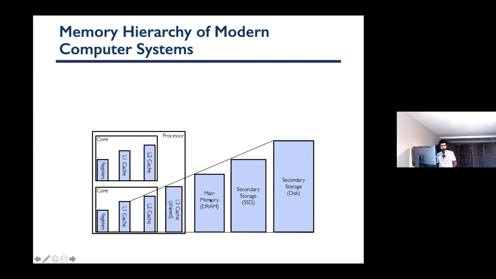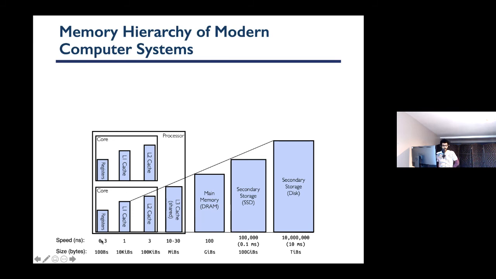And then after that, you have your main memory. Things don't stop there. You usually go to your secondary storage and so on and so forth. So as you go this direction, you get larger spaces, but slower accesses.